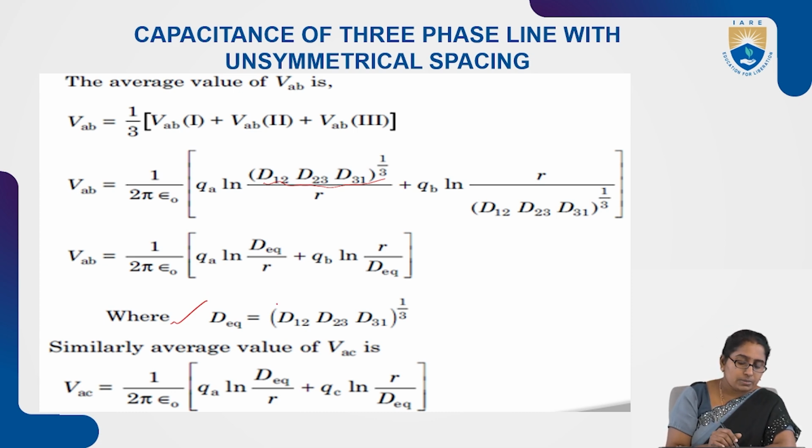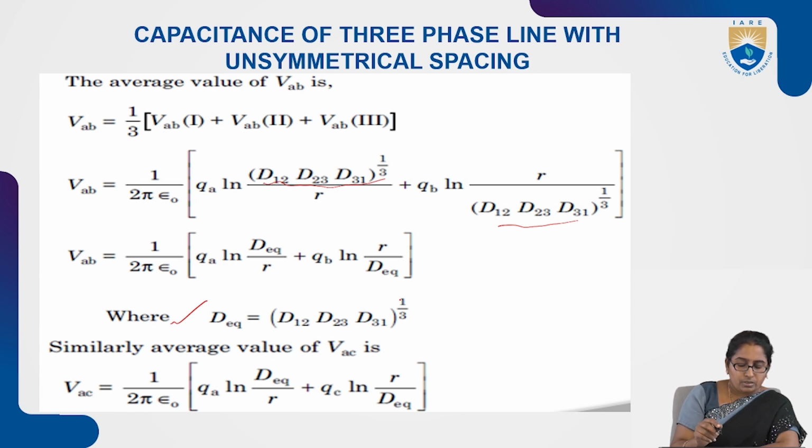So that is written as D equivalent by r plus QB into the same term here also, D equivalent. Now QA plus QB plus QC is equal to 0.